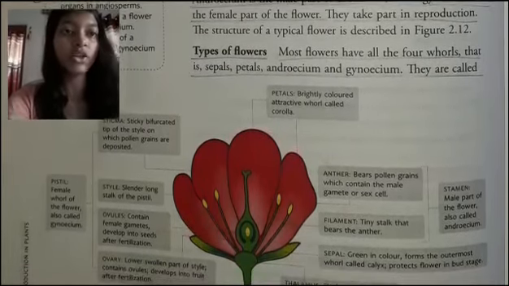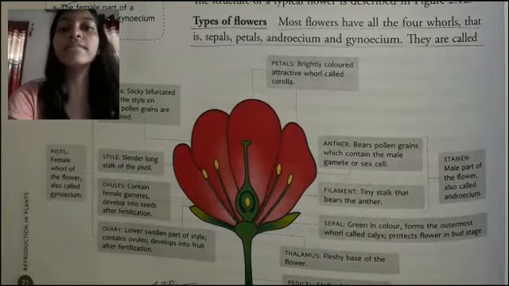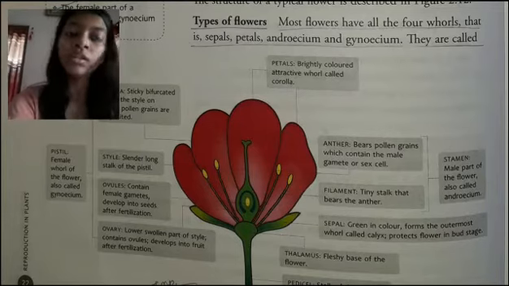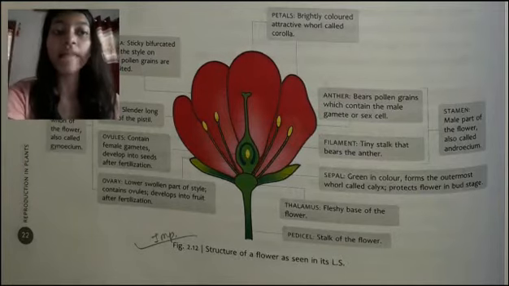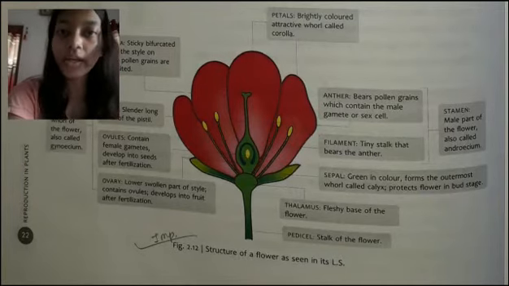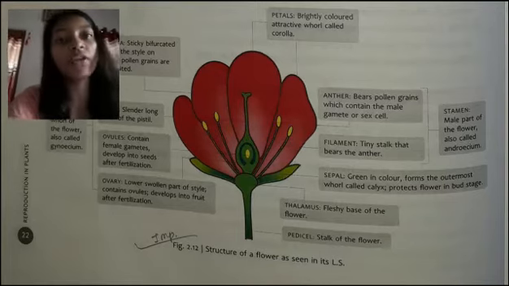And you can see here also the anther and filament. These comprise the stamens, that means the androecium of the flower, the male part of the flower. Here you can see the sepal, and the thalamus, the fleshy base of the flower, and the pedicel. Pedicel is the stalk of the flower from which the flower grows.